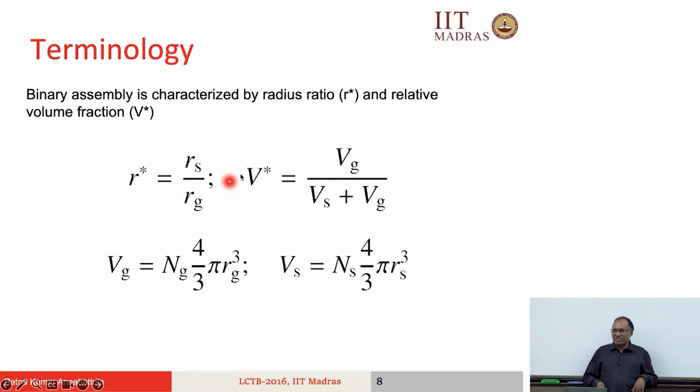These are all non-dimensional numbers. R star is a non-dimensional radius, V star is a non-dimensional volume fraction. Vg is given by N_g, the number of particles of larger size, times 4/3 pi r_g cubed. Vs is N_s times 4/3 pi r_s cubed.